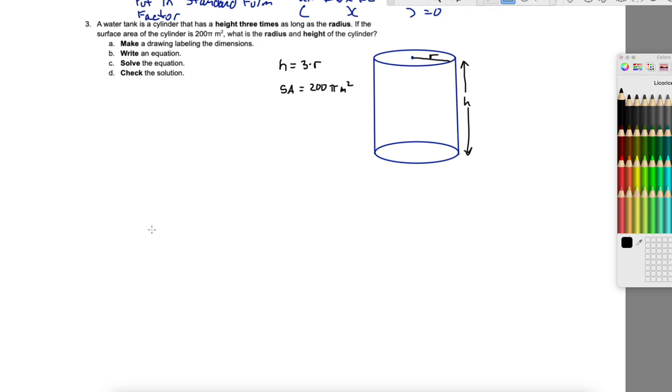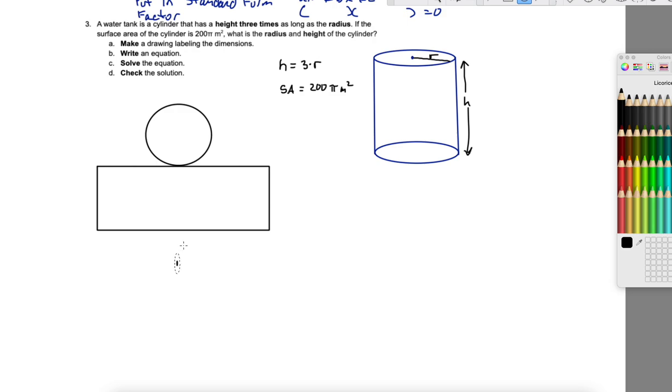If you're not quite sure, you can always make a net, which kind of looks like a division symbol, right? And we've got a radius, our height goes here, and this length again is going to be the circumference of this circle, which is 2 pi r.